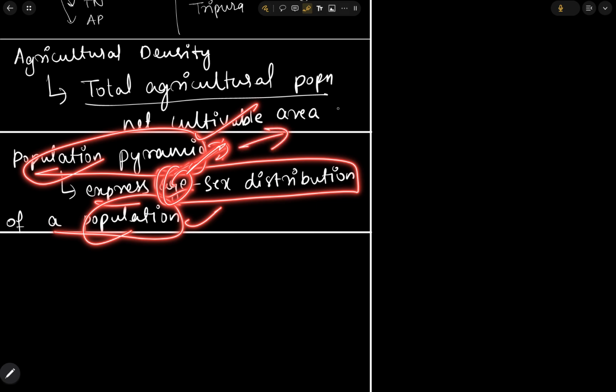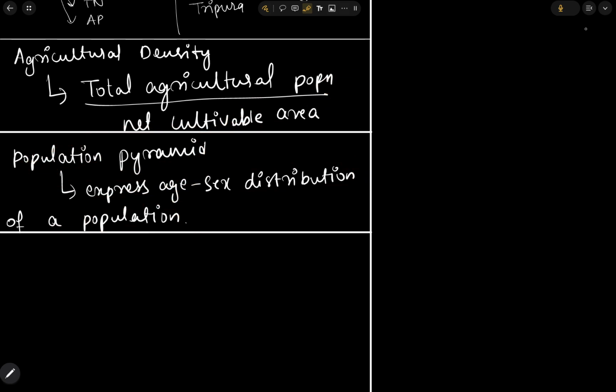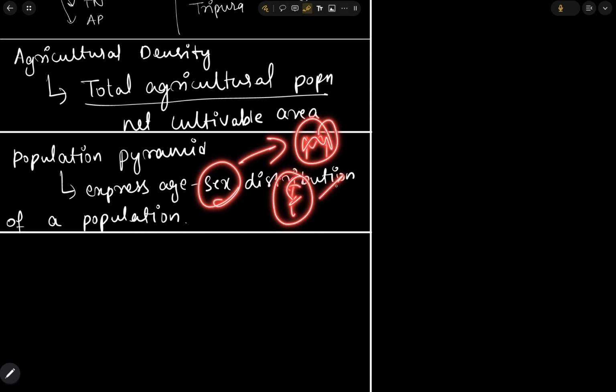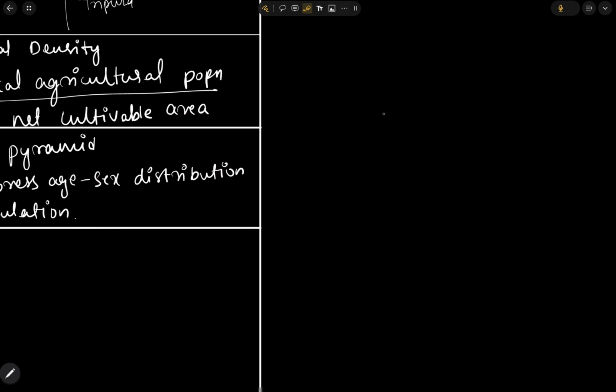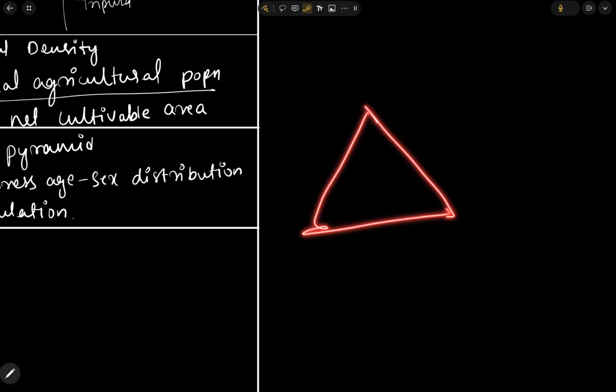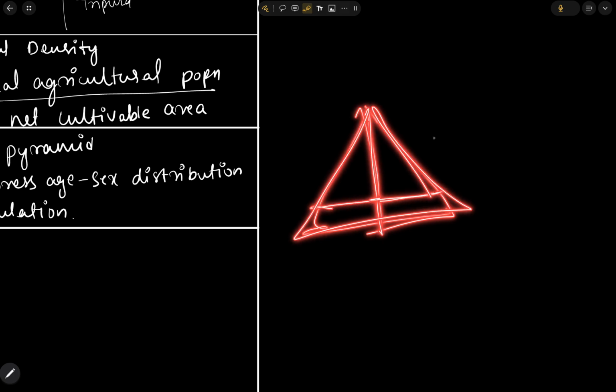For example, we can know the number of people who are 15 years old. And we also get the number of males and females. So basically the population pyramid looks like this. This is an upward pyramid.